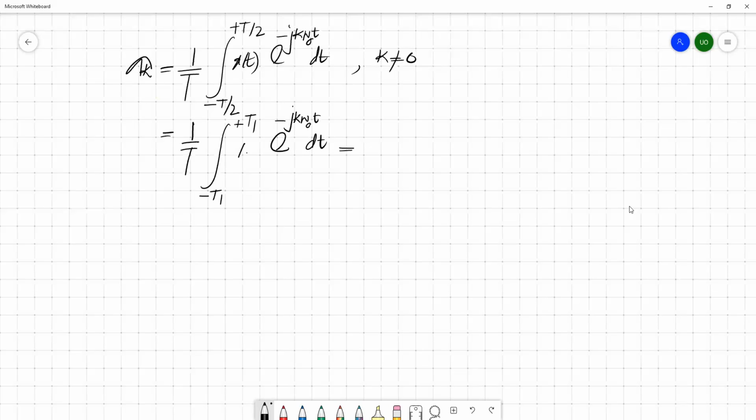Once you integrate it and substitute, you will end up with this. How do you integrate it? This is an exponential function, so e to the power minus j k omega naught t divided by minus j k omega naught, integrating with respect to t, so that we can treat j k omega naught as a constant, and the limits are minus t1 to plus t1.